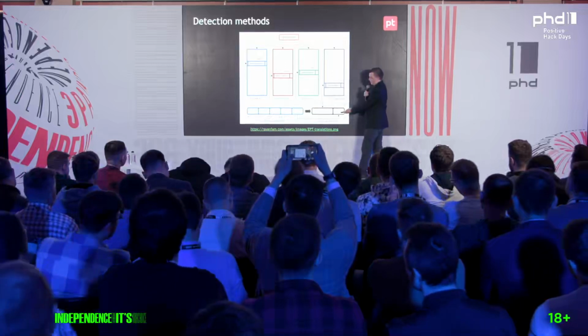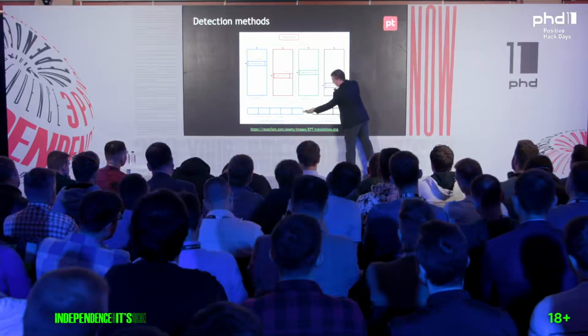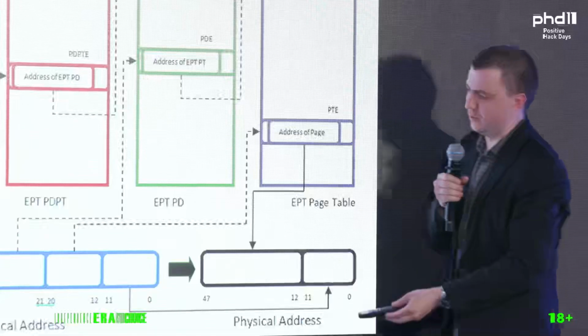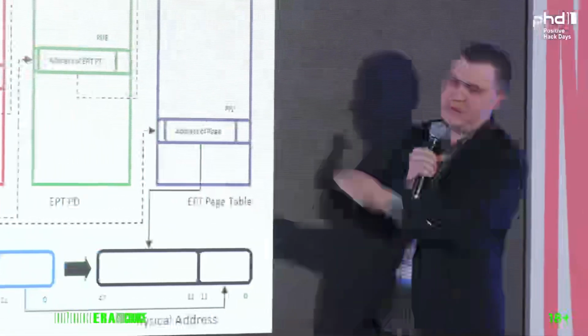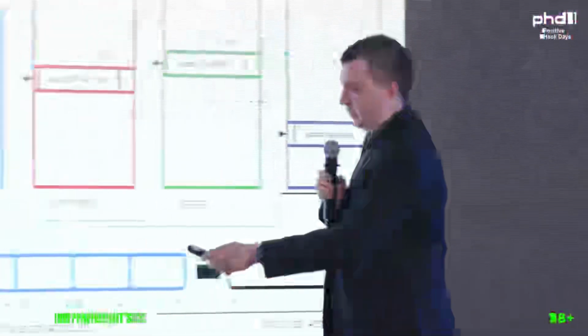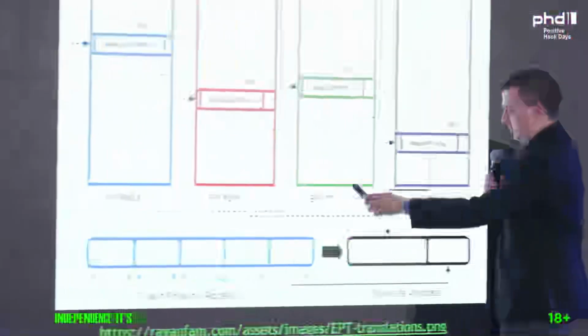Now, this is the physical memory of the guest, and this is the physical memory of the host. So there won't be this direct transfer here. You will have to make the full circle journey here. So there will be an additional segment of memory that will be used for address translation.